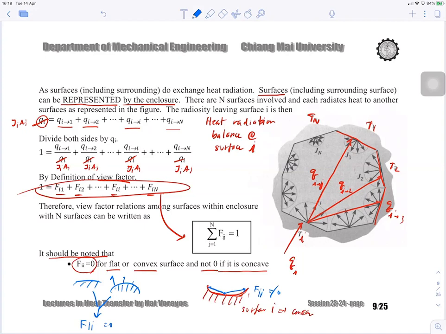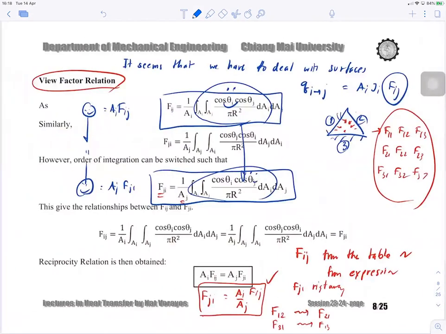So this is the second relation that you have in addition to the first relation.